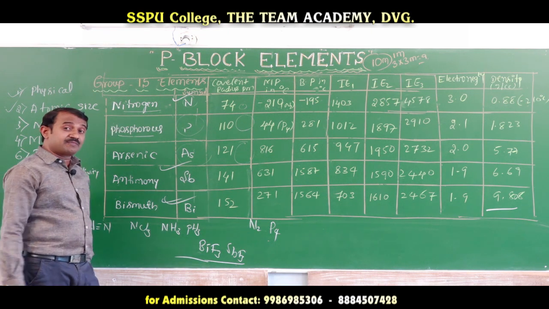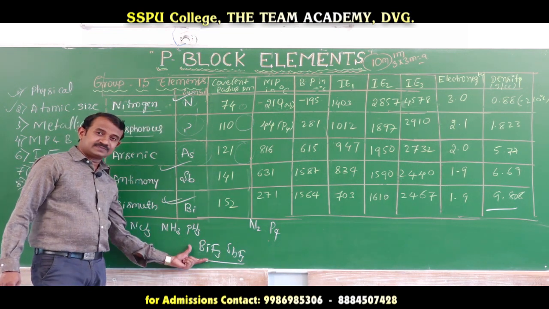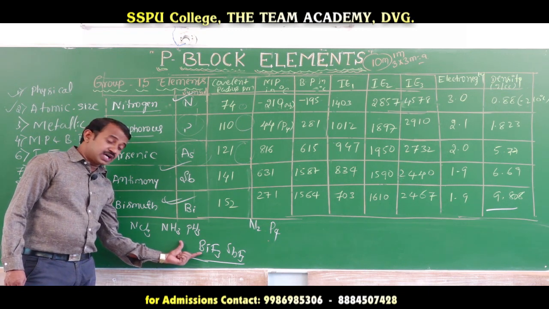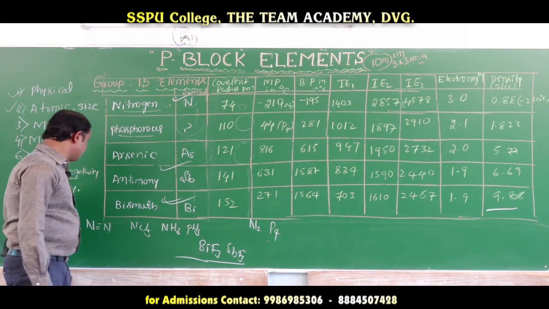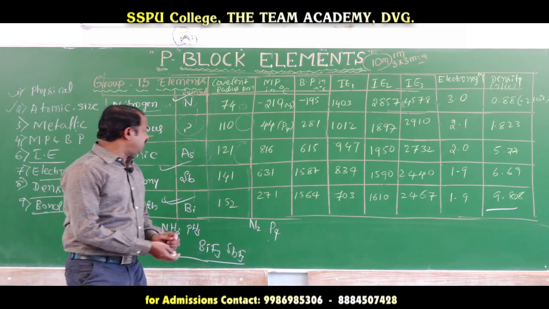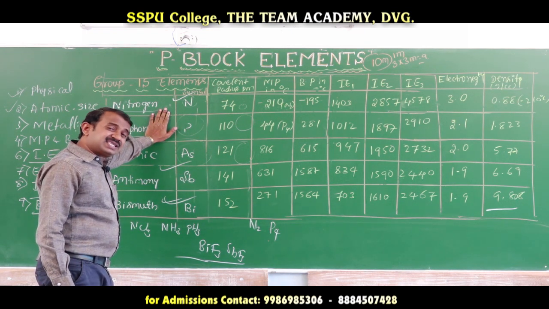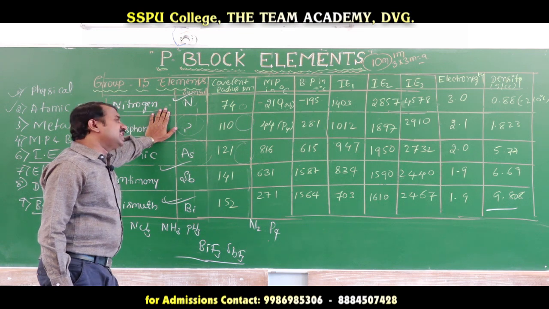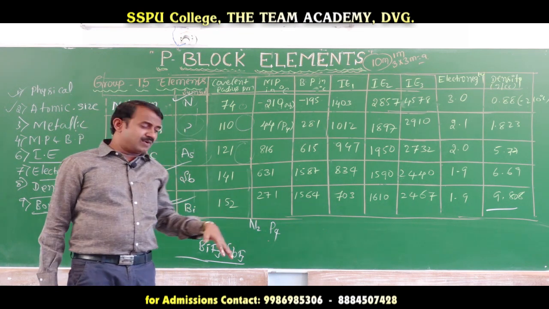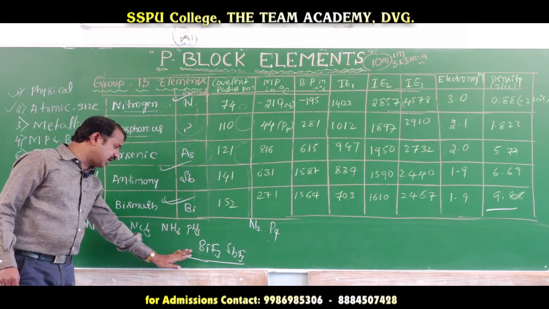But group 15 elements form both ionic as well as covalent bonds. And the highest bond formation means the group 15 elements' oxidation states are plus 3 and plus 5, a variable oxidation state. We will go one by one.